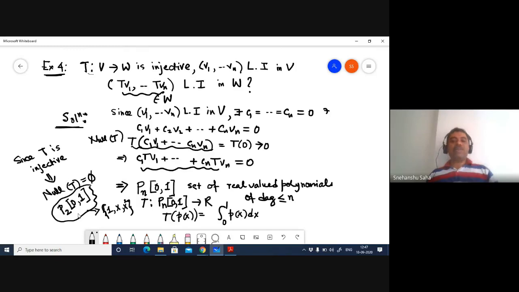You can choose the coefficients any way you want, but it is just like R3. In R3, the elementary basis vectors are 1, 0, 0, 0, 1, 0, and 0, 0, 1. You could also have other sorts of basis vectors. In this space of polynomials, the 3 most elementary basis functions are 1, x, and x squared.